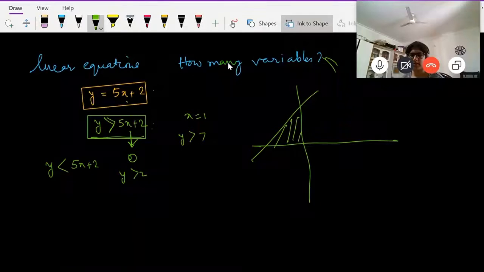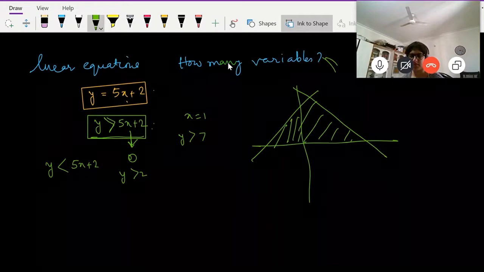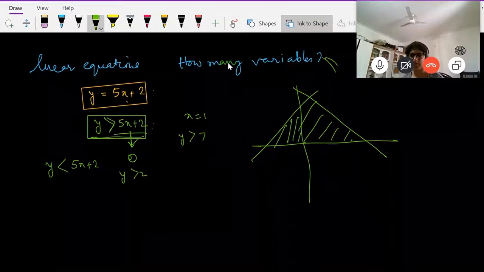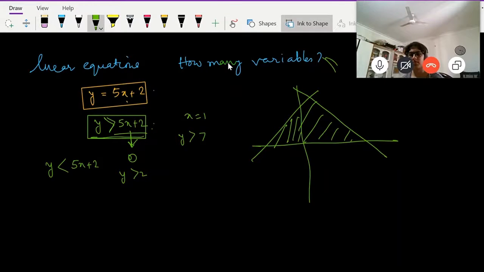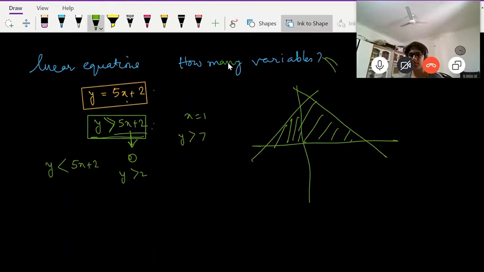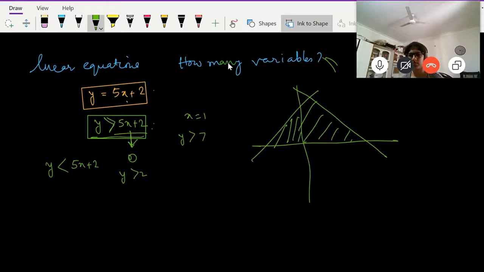Or you may be given another straight line and you'll be asked to find this area, things like that, right? So when you are dealing with such problems, never get confused. Just look at the equation. If you're looking for less than the value, then just put x equal to 0, see what value of y you get, and just take the values that are less than that. That's it.